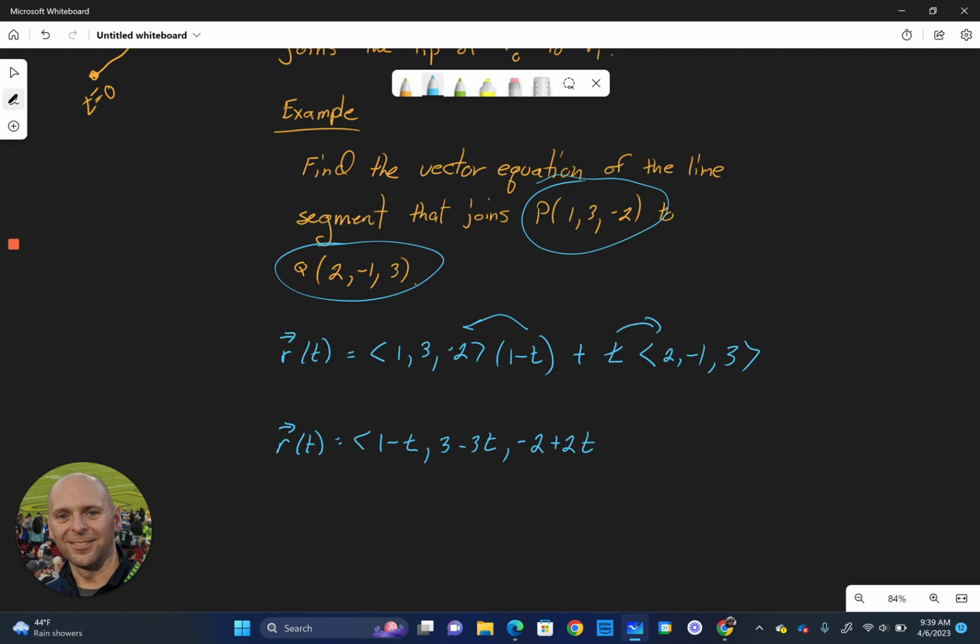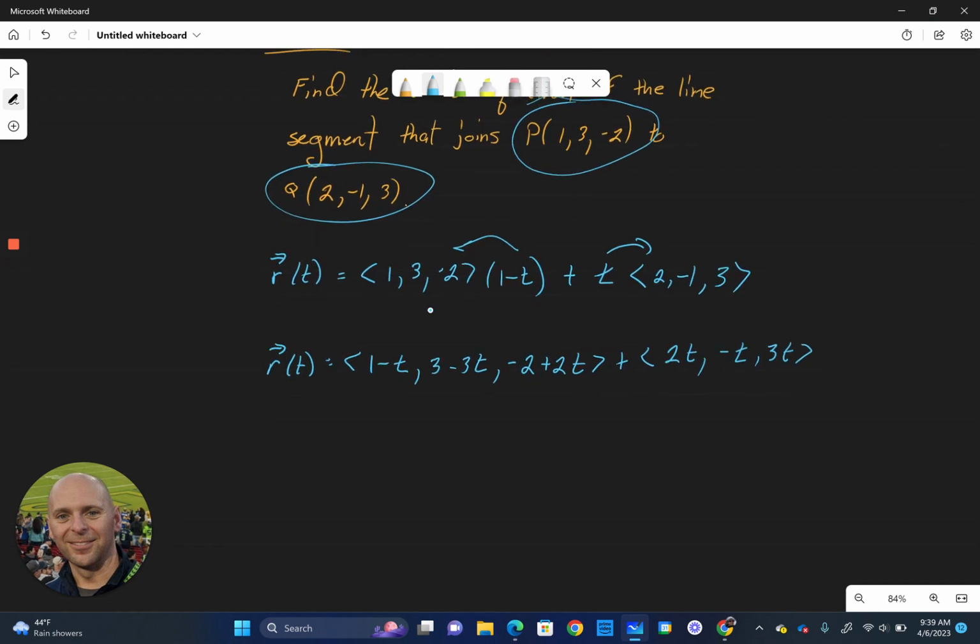And here we'll do the same, and we'll get another vector here. Let's clean that up a little bit better: 2t, negative t, and 3t. And now it's just a matter of adding these two together to get our vector equation here.